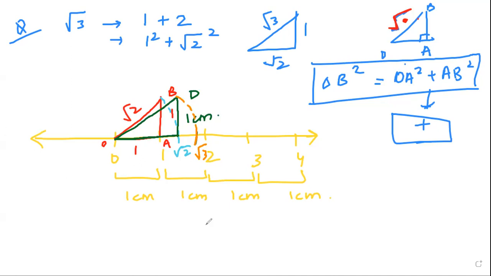So it is basically this triangle up here, which is what we are plotting now. So base would be root 2 units. How do you get root 2? By doing the complete construction for root 2. Then take the base as that point, then height would be 1 centimeter, and when you join it, that would be root 3. So OD becomes root 3. Ma'am, done.